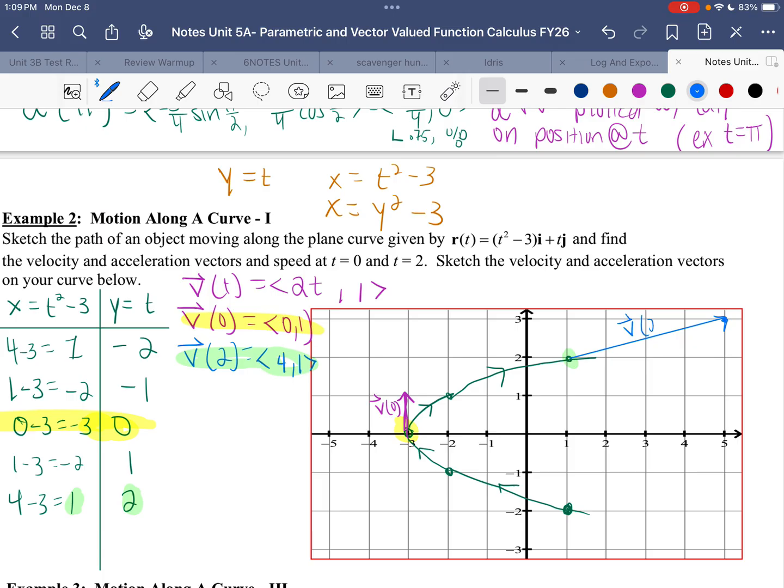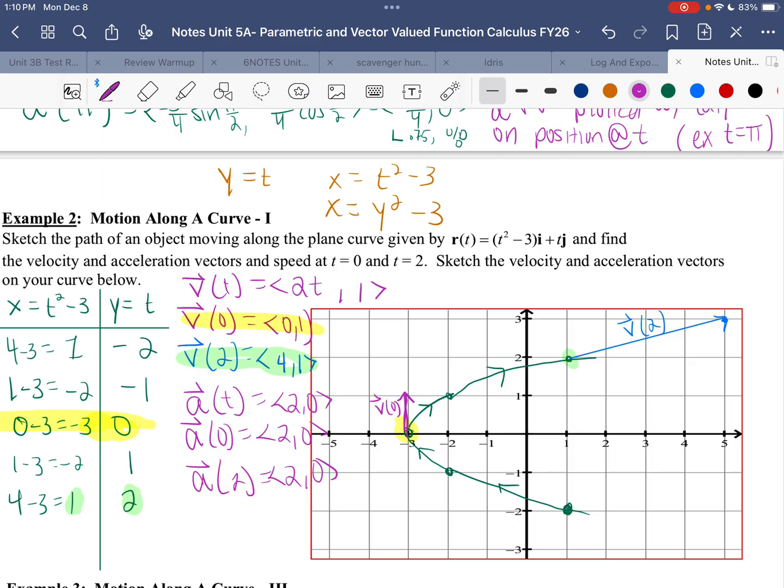This is v at 2. Okay, and our acceleration vector at any time is going to be 2, 0. So even if I did a at 0, I'm going to have 2, 0, and a at 2 is also going to be 2, 0.